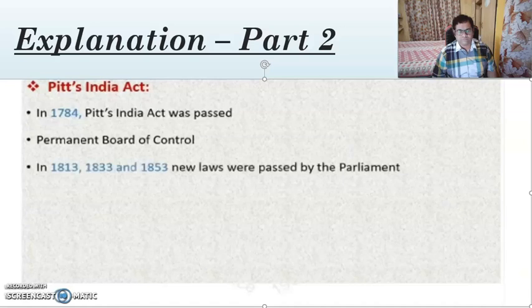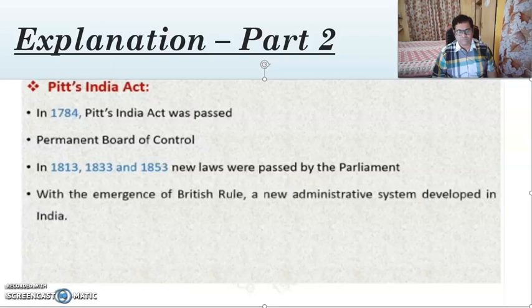Again, in 1813, 1833 and 1853, new laws were passed by the Parliament to make certain changes in the working of the company. In this way, the British government gradually developed an indirect control on the administration of East India Company.